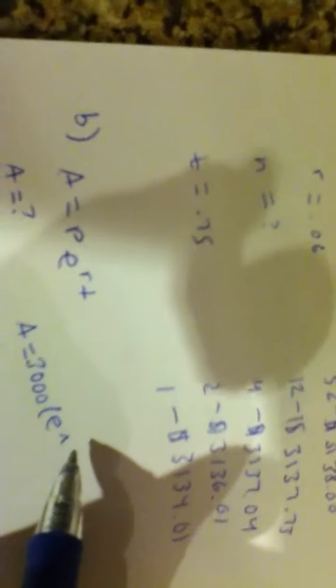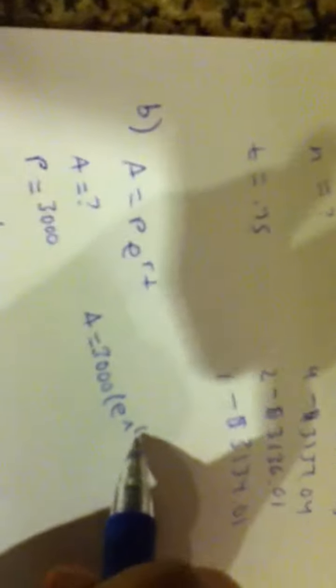A equals $3,000 times e to the rt, or 0.06 times 0.75.